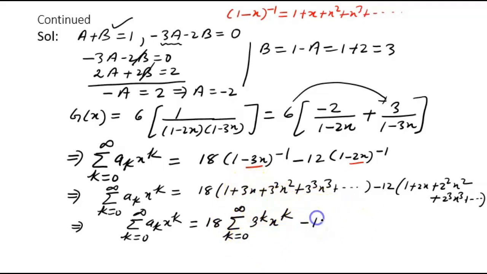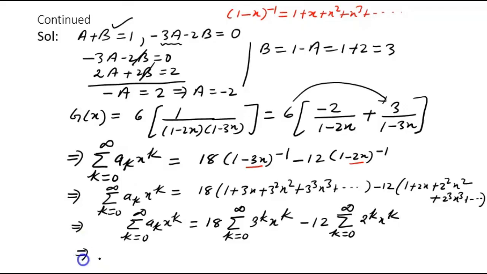And if you write this in the summation form, it will look like summation k varying from 0 to infinity, and this will be 2 to the power k x to the power k. Okay, now I can combine both of these terms.